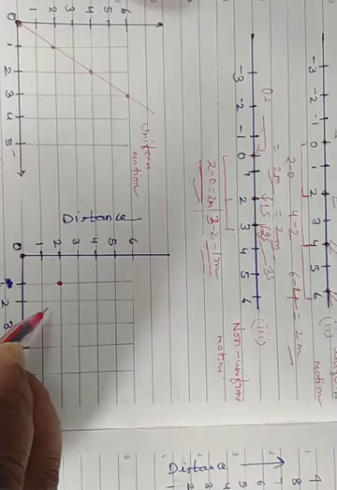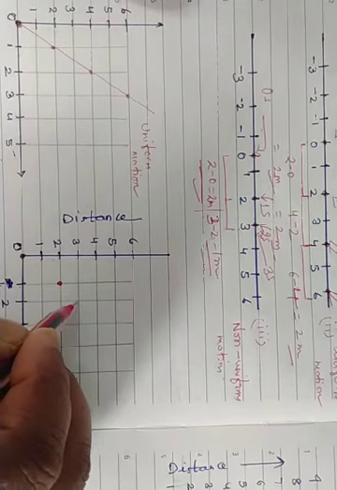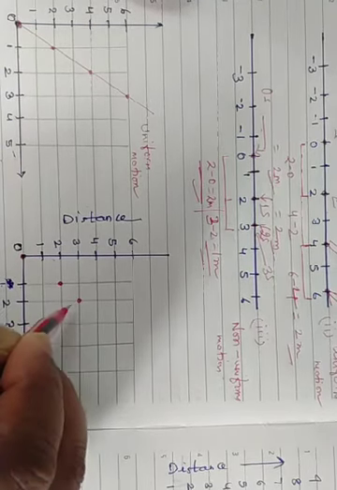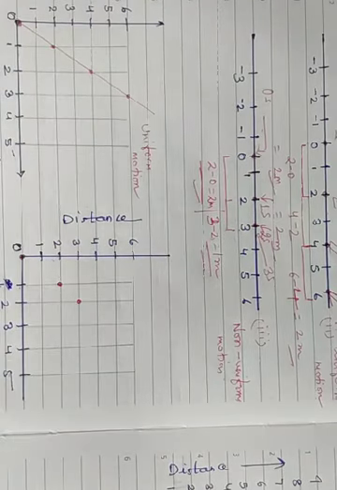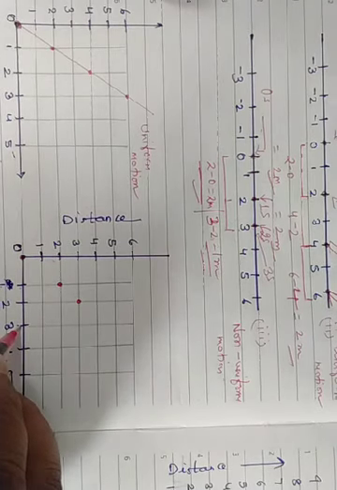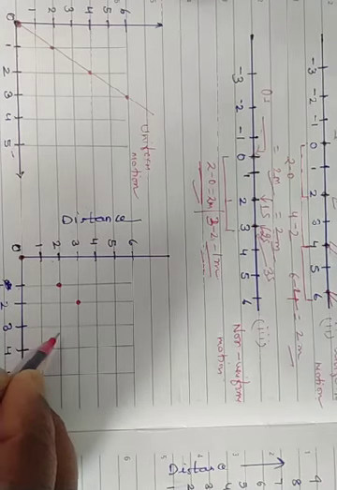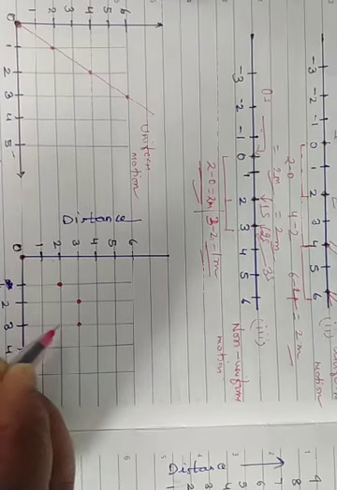In the second second, the position of the body is at 3 meter of the scale. In the third second as well, the position of the body is right here.